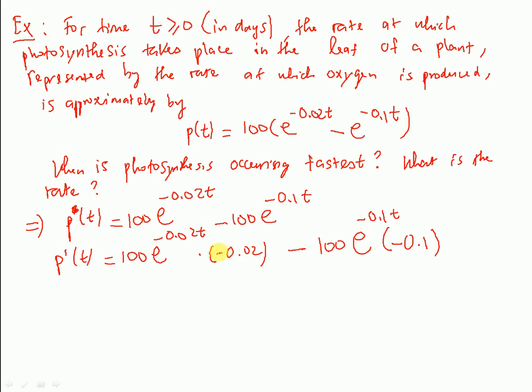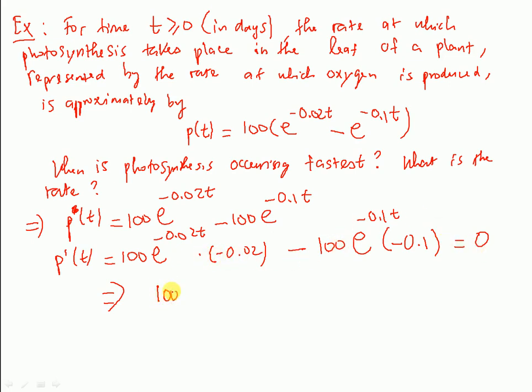So we have this function here, and let's simplify this. 100 multiplied by 0.02 is going to give you, naturally we don't have to. Now let's just set it equal to 0. That means we can bring this one to the right hand side.